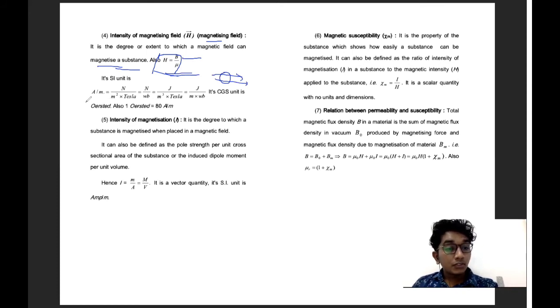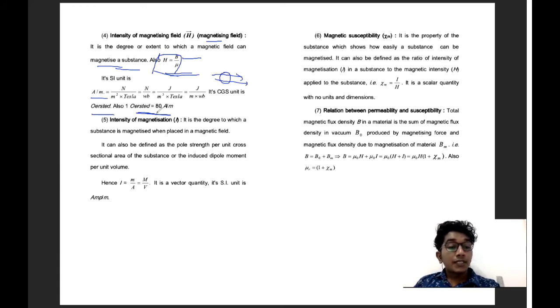The unit could also be asked as Newton per meter square Tesla, Newton per Weber, joule per meter cube into Tesla, joule per meter into Weber. In CGS unit, it is Oersted, and 1 Oersted is equal to 80 ampere per meter. Oersted is a famous scientist, and we have seen his research experiment.